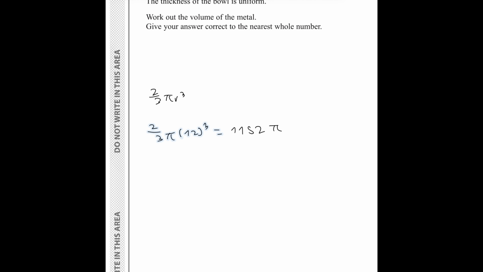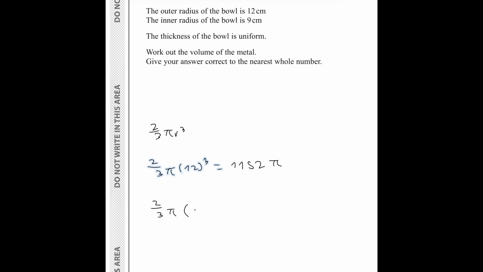And the inner is going to be 2 over 3 pi of 9 cubed, which is going to be 486 pi.